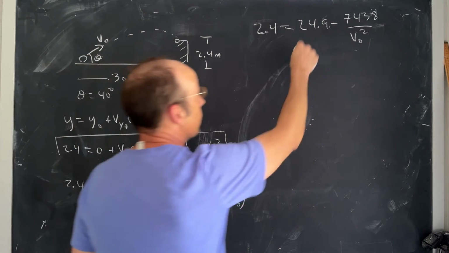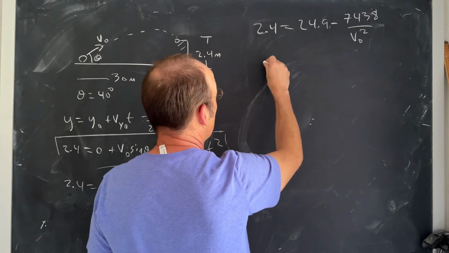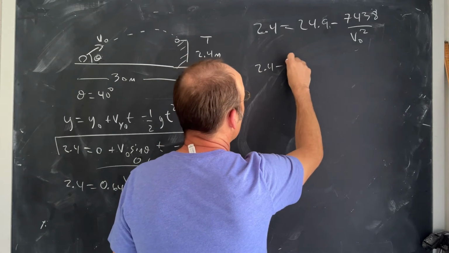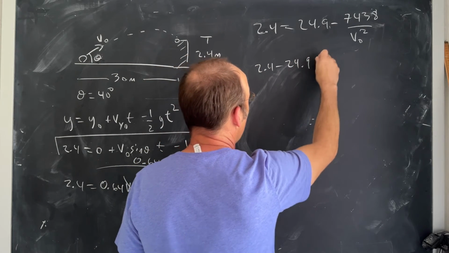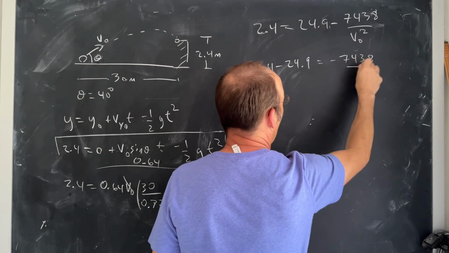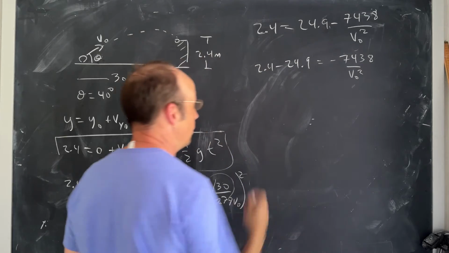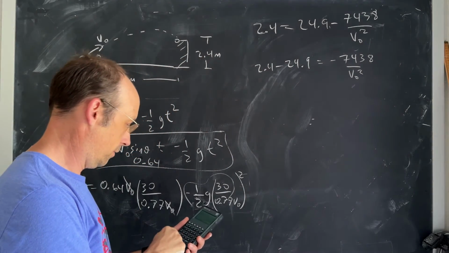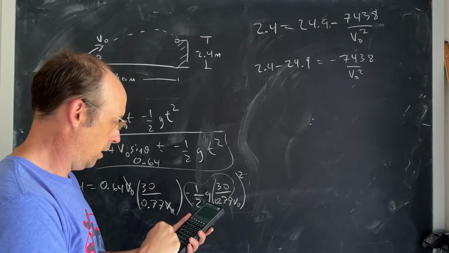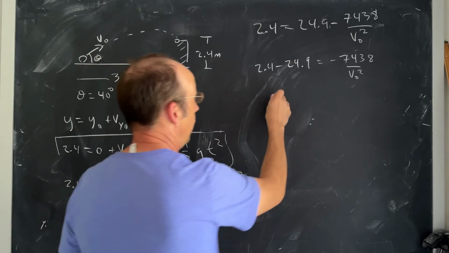So now I just have to solve that equation for v0. Well, let's subtract this from both sides. So I get 2.4 minus 24.9 equals negative 7438 over v0 squared. That's just a number. 24.9 negative 22.5.